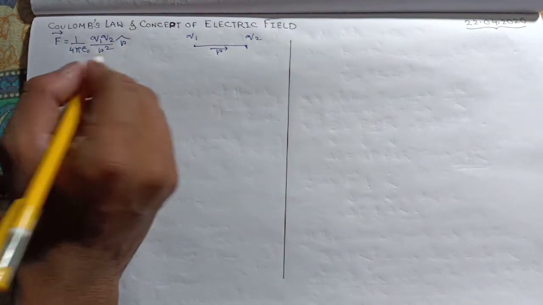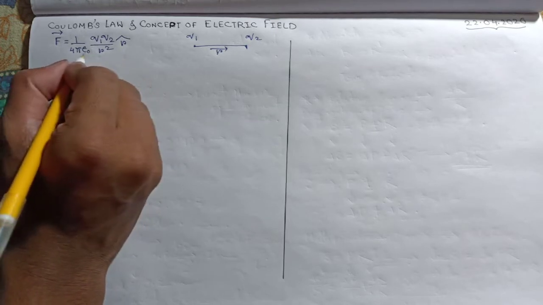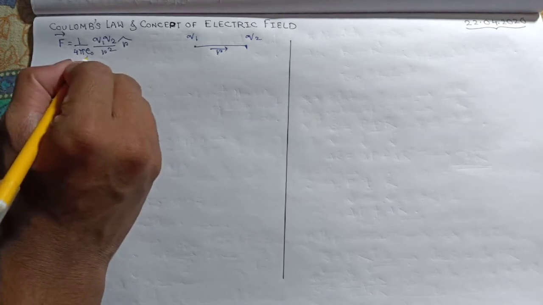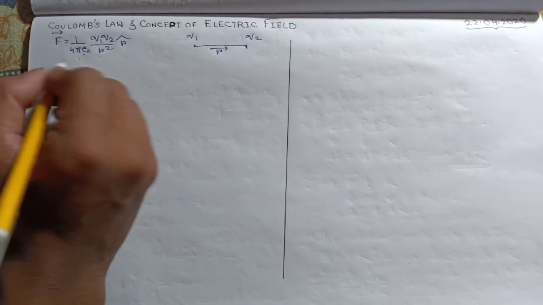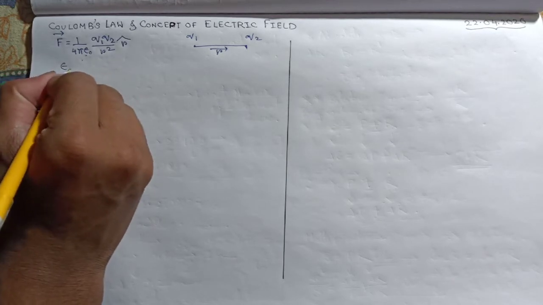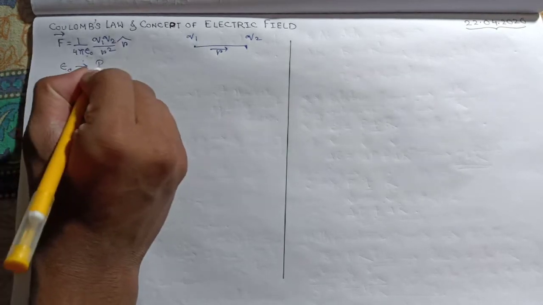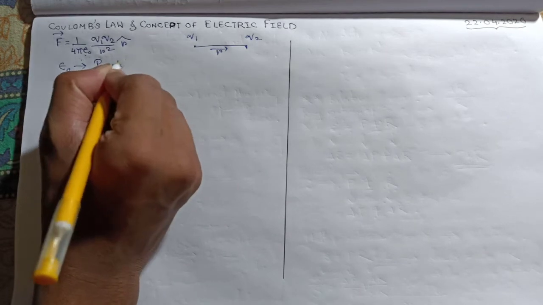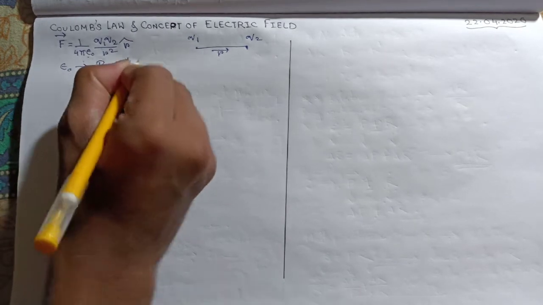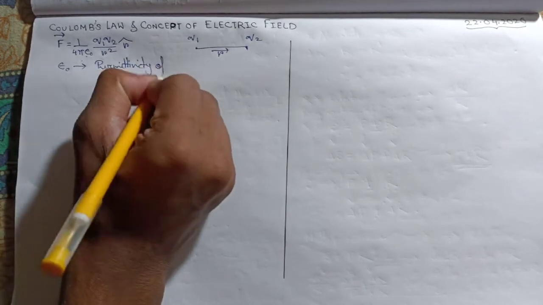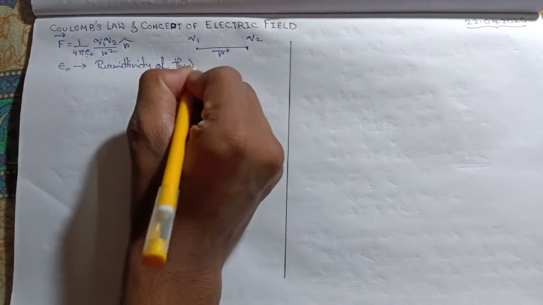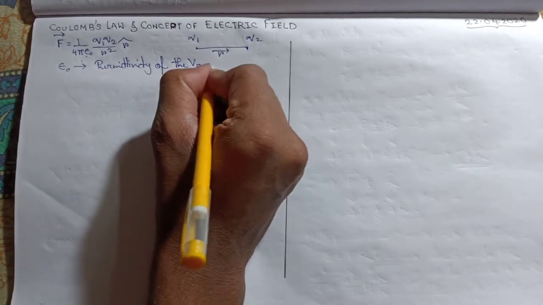In the last video we have not said anything about that epsilon naught or that constant. So this epsilon naught is called the permittivity of the vacuum. Naught implies the vacuum.